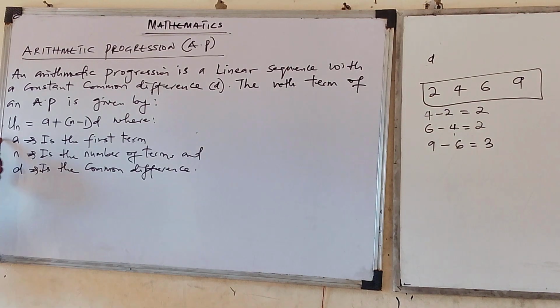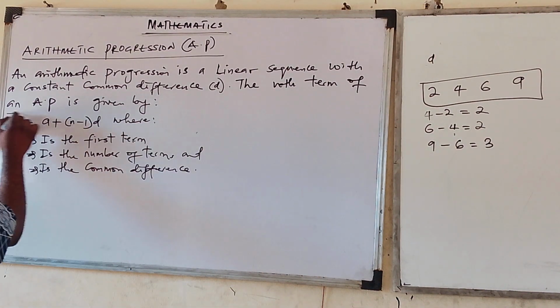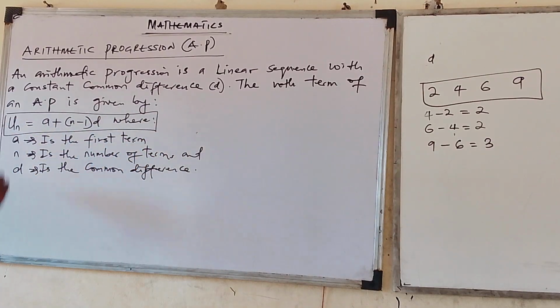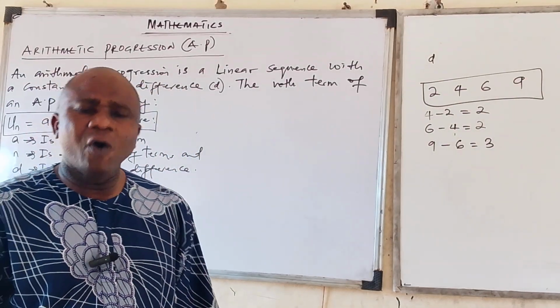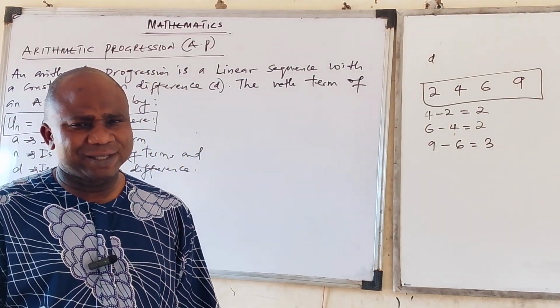So this is the formula for finding or calculating the nth term of an AP or of a linear sequence.